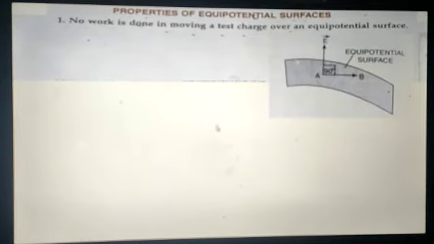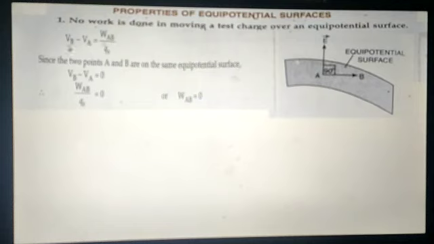Suppose we choose a unit positive charge and we want to move it from point A to point B. The work done to move it from A to B is given by the potential difference between B and A, VB minus VA, which is equal to WAB upon Q0, as we have derived earlier.